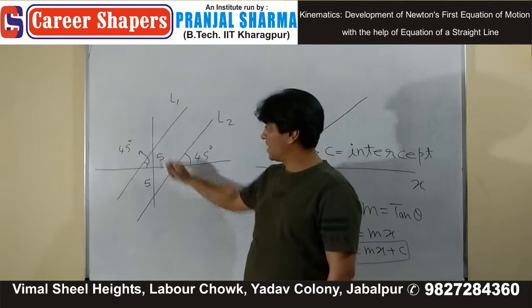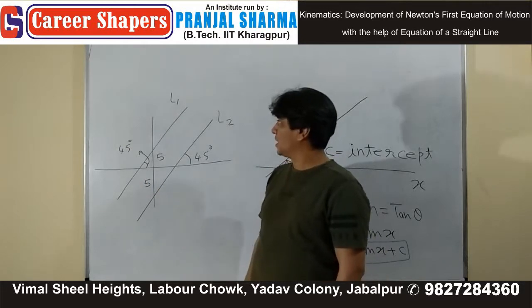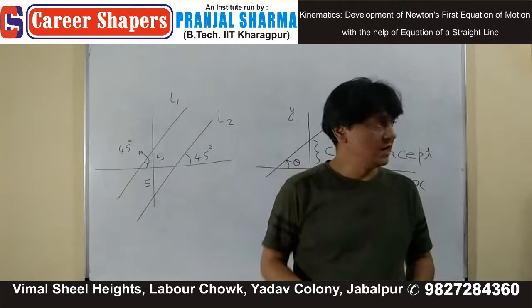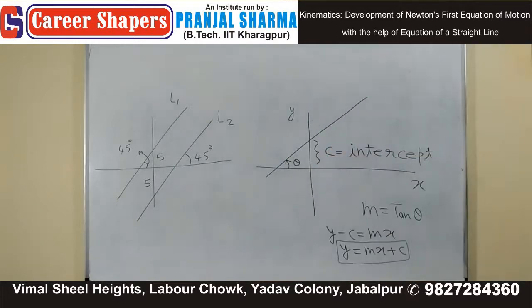Write down equation of L1 and write down equation of L2 in the comment box. L1 first line, L2 second line. For both lines, write down the equation in the comment box. Length of intercept is 5. But when you will write the equation, you will use correct sign.